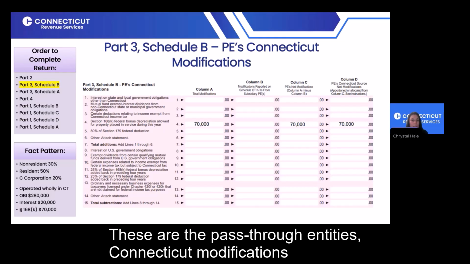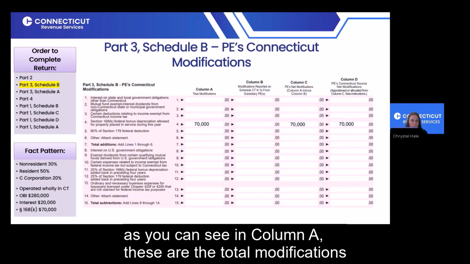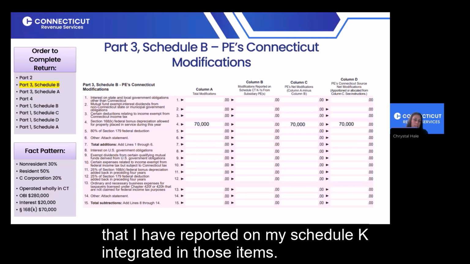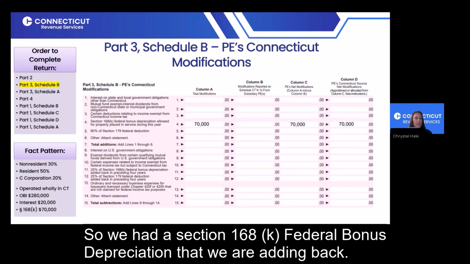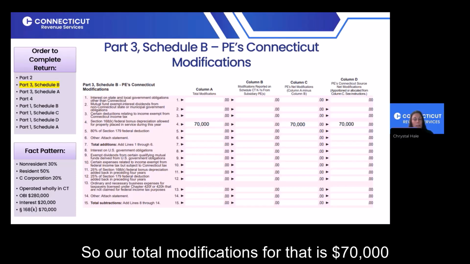These are the pass-through entities' Connecticut modifications. As you can see in column A, these are the total modifications that I have reported on my Schedule K-1 integrated in those items. So we had a Section 168K federal bonus depreciation that we are adding back. So our total modifications for that is $70,000.